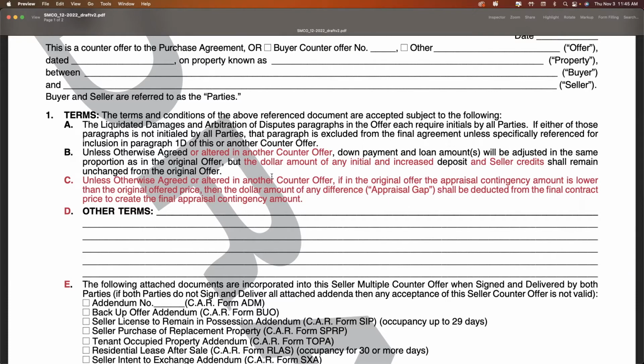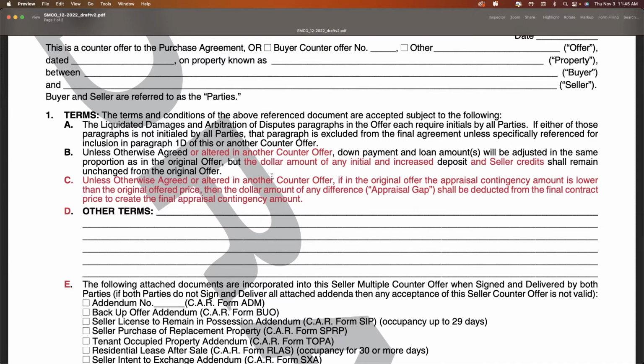So my initial deposit was $10,000. My initial deposit, even though it shows it's a percentage there in the purchase agreement, is not affected by the new change in price, which means that if I don't have to increase, my deposit stays the same. And the credits stay the same. They're not affected by any changes in price.